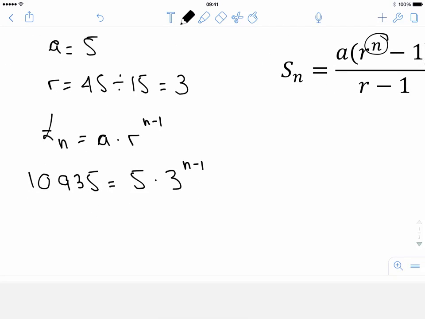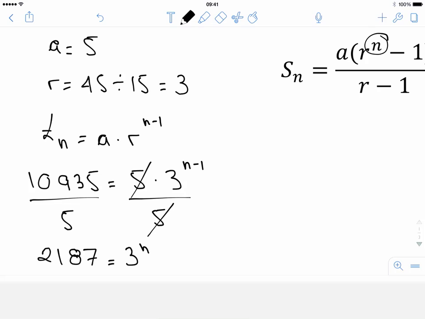So if I want to solve for n, I'm going to start off by dividing both sides by 5 here. And off to the side, I'm just going to use my calculator: 10,935 divided by 5 gives me 2,187, and that's 3 to the exponent n minus 1.